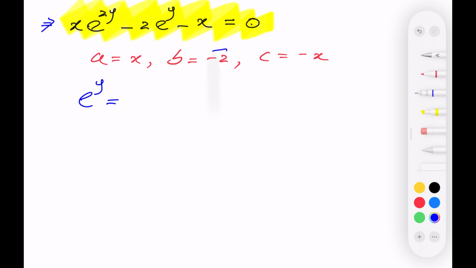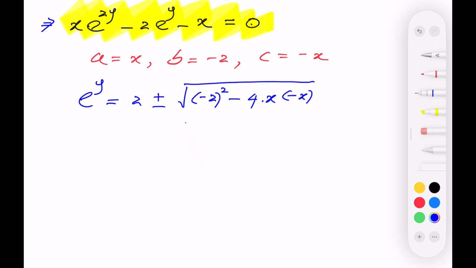Since b is negative 2, negative b will be equal to a positive 2 plus or minus square root b squared, which is negative 2 squared, minus 4. A is x, c is negative x. All of that's inside the square root. All of that needs to be divided by 2 times a, 2 times x, because a is equal to x.